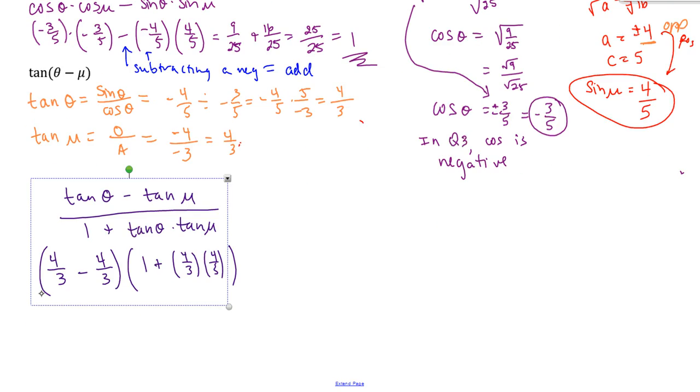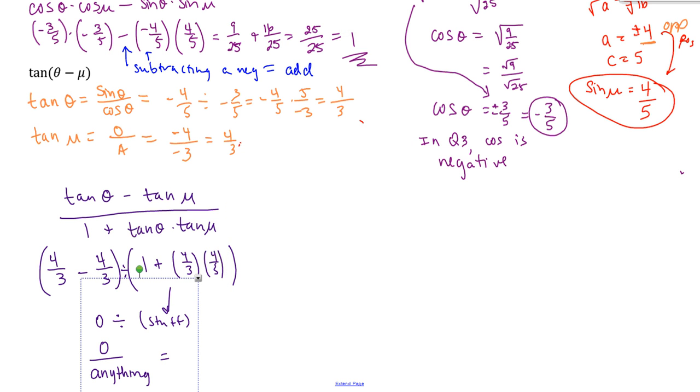Oops, I forgot my divide symbol. So on top here, 4/3 minus 4/3 is 0, divided by all this stuff. But 0 divided by anything is just equal to 0. That's it.